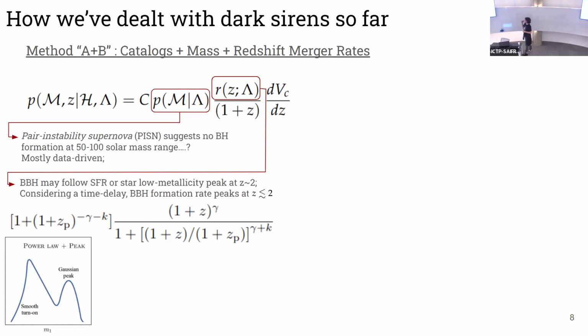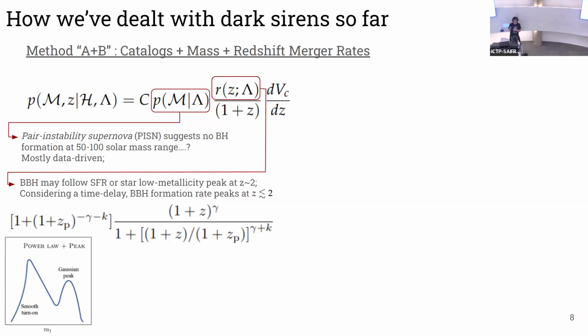The problem is that most of the things we have right now are data driven, we don't know that much about what the sources of binary black hole production are. There are some papers saying there's this pair instability supernova source that prevents black hole formation at like 50 to 100 solar masses, but we're still not sure if this is the main source of black hole production.